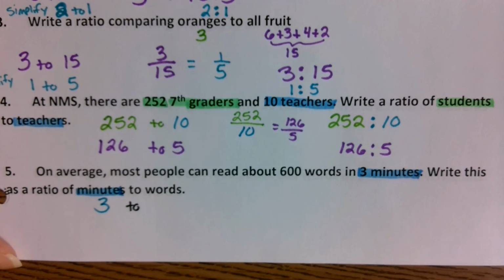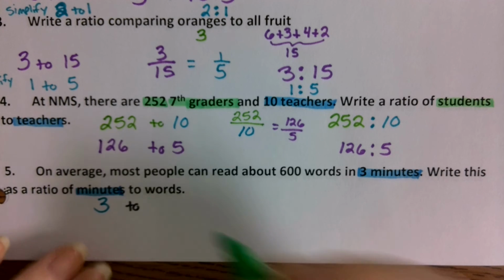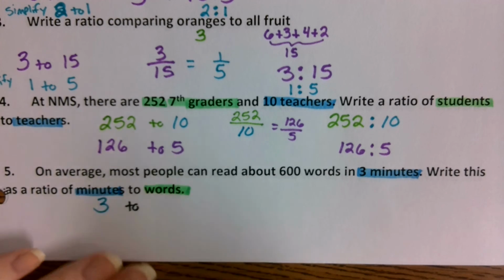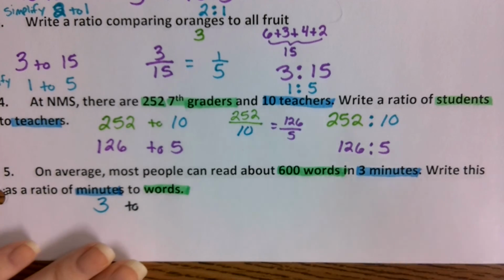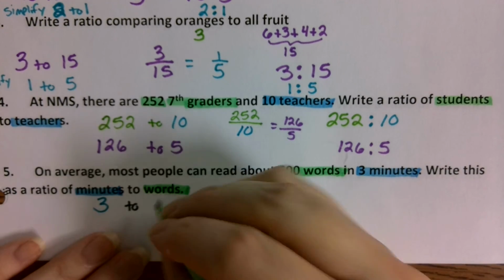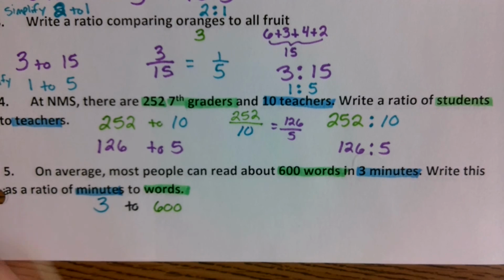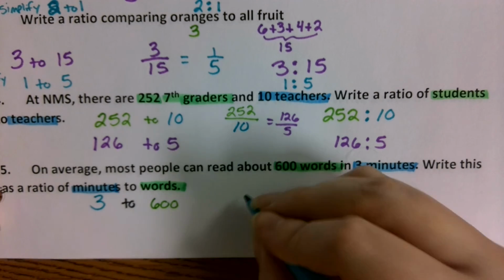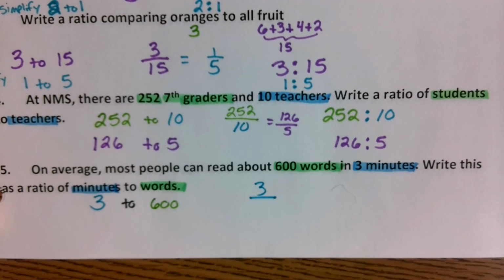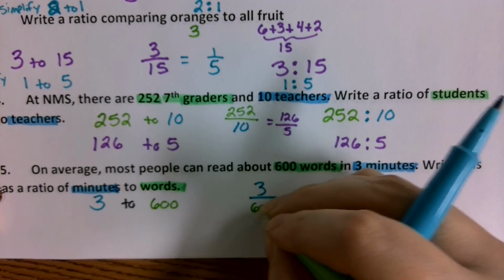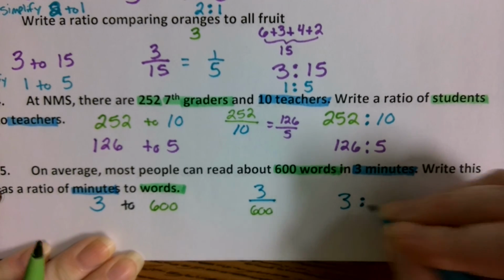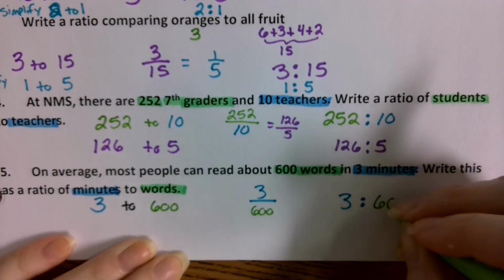And then how many words are there? Read the problem. How many words are there? Say it louder. 600. So it would be 3 to 600, or you write it as a fraction, 3 over 600, or you write it as a colon, 3 colon 600.